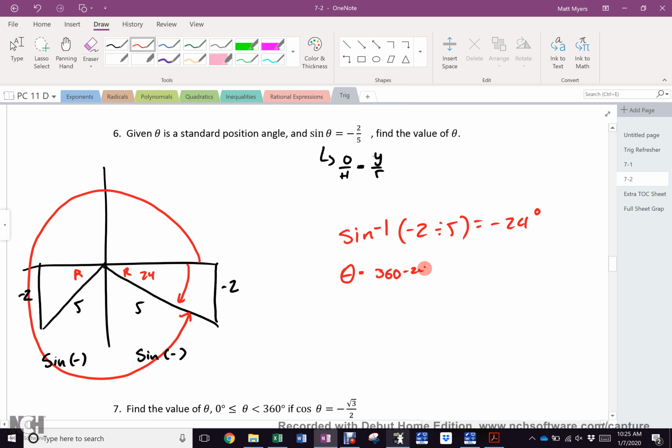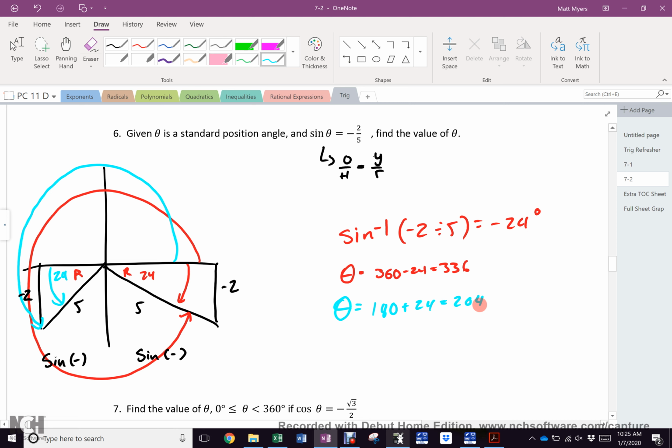$360 minus 24, which is 336, yes? And if this is 24, what does that automatically make this one? 24. If that's 24, what's that? 180 plus 24, which is 204.